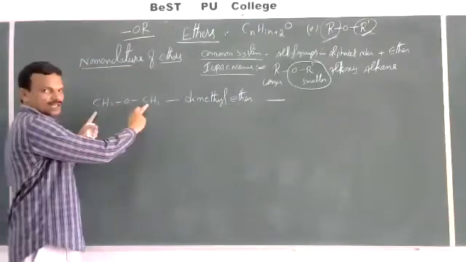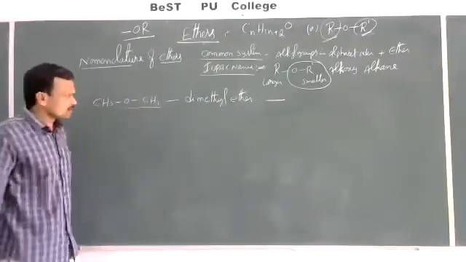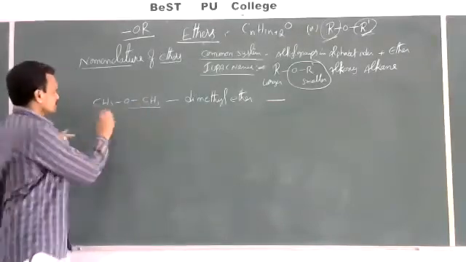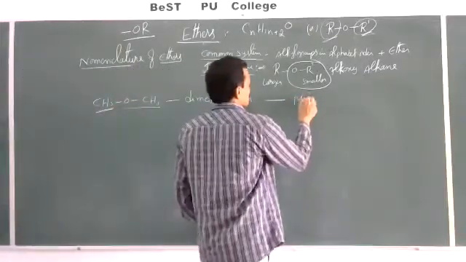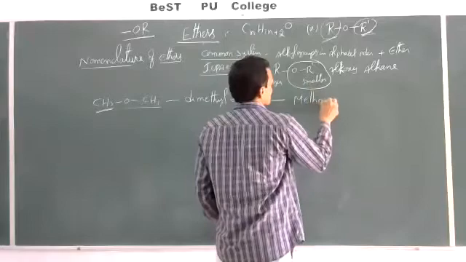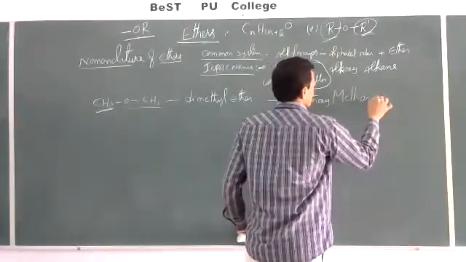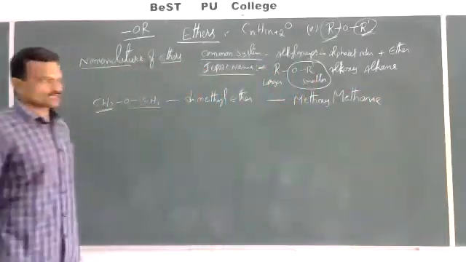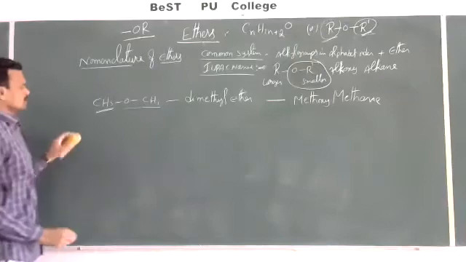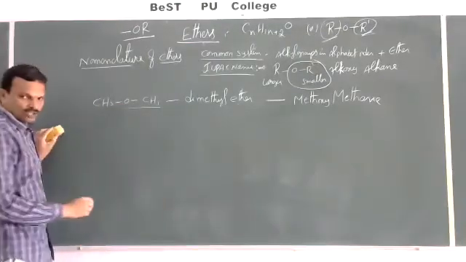Two alkyl groups are there and both are the same, so I'll represent one as alkoxy, nothing but methoxy. This is the alkane, meaning methane. So the IUPAC name is methoxymethane. This is an example of an alkoxy alkane, methoxymethane, the IUPAC name.